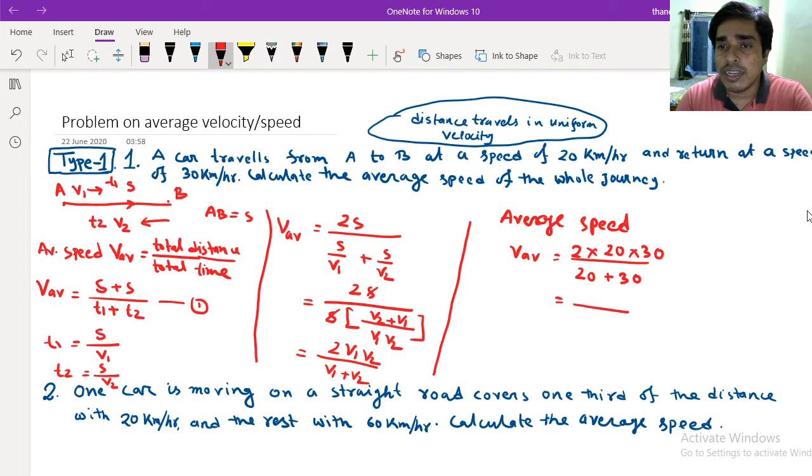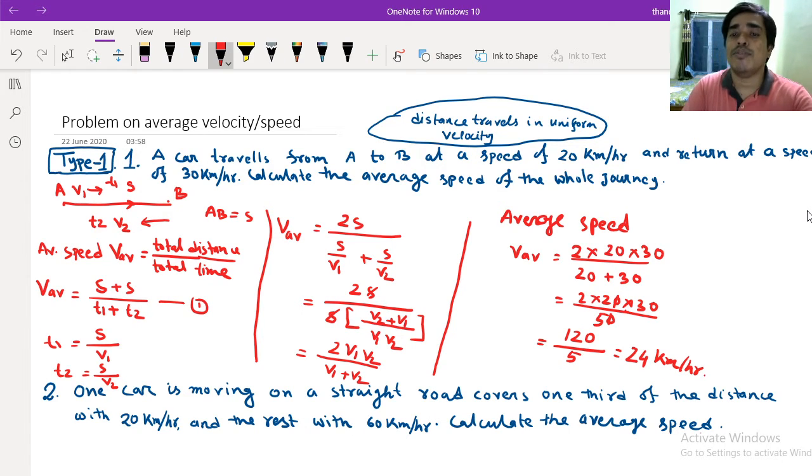So it will be 2 into 20 into 30 divided by 50, which is 1200 divided by 50. The average speed will be 24 km per hour.